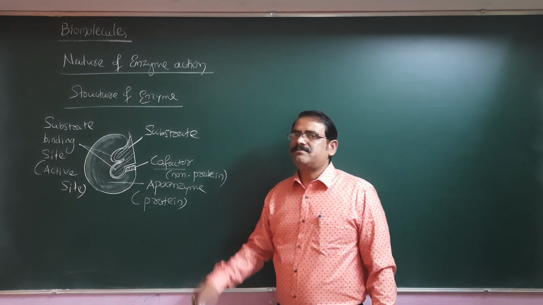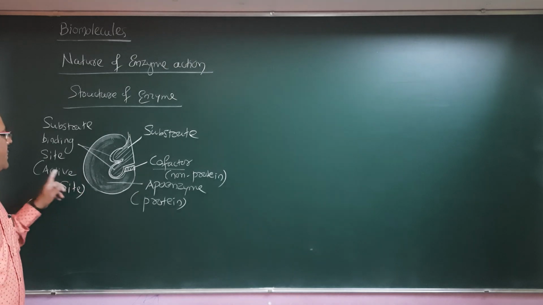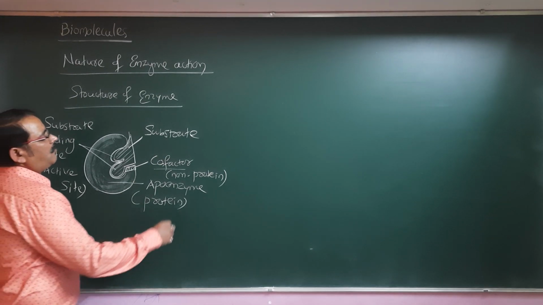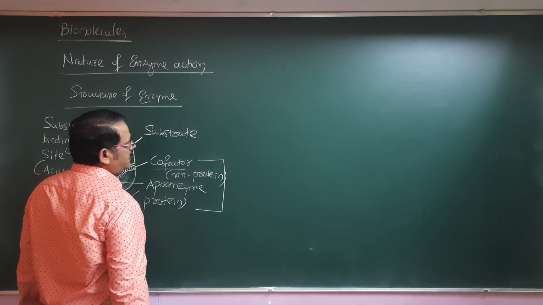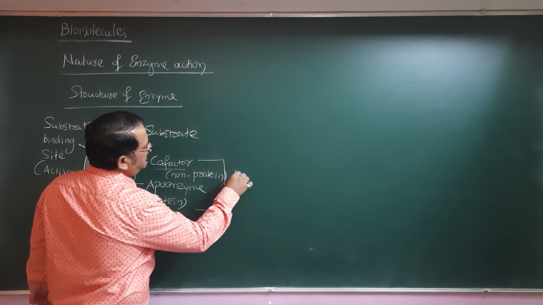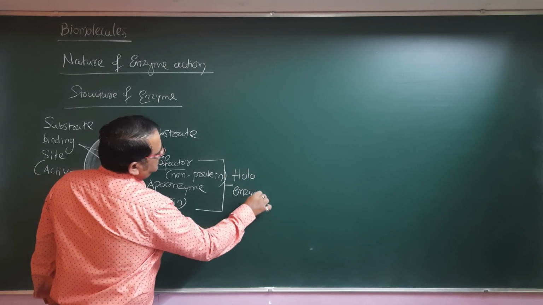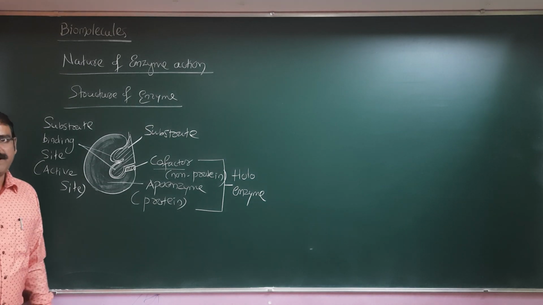Here you are observing that the substrate will come and bind with the enzyme at a particular active site, in the presence of the cofactor as well as the protein part of the enzyme, called the apoenzyme. The cofactor and the apoenzyme together are called a holoenzyme. This we need to understand very well.